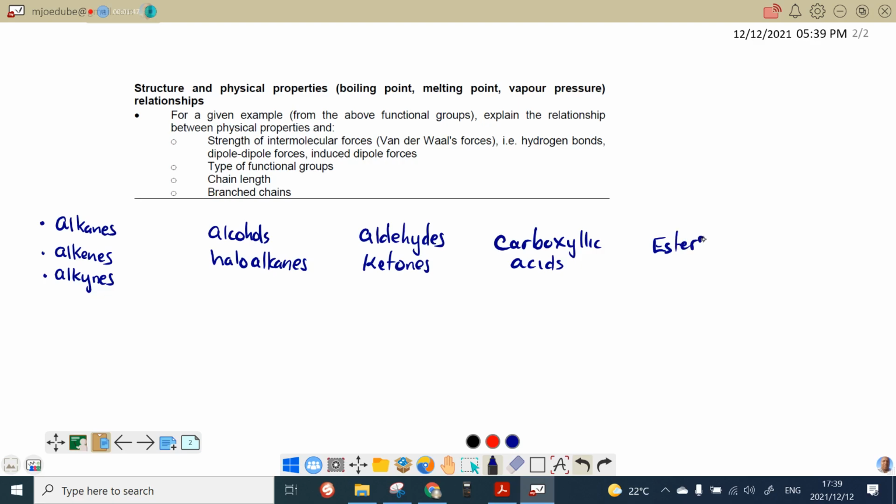Now you will observe that I deliberately wrote these substances in this particular order because you can move from the one on the left to the one on the right.